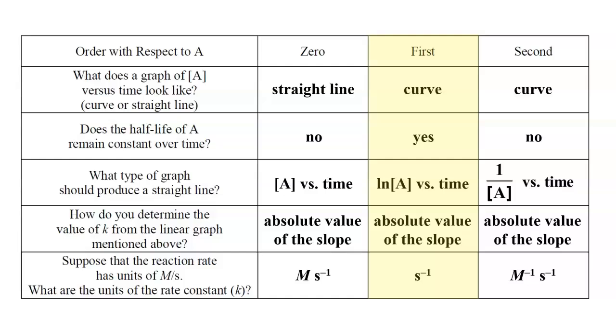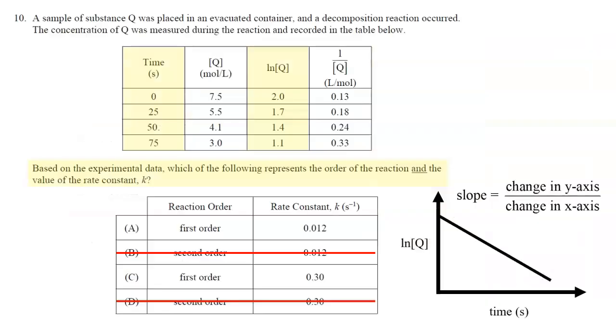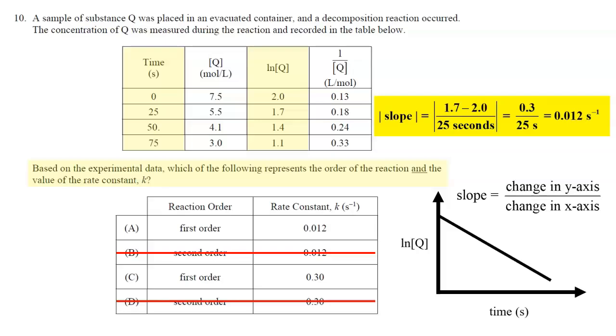Remember that the absolute value of the slope of that straight line will give us the magnitude of the rate constant k. The slope is the change in the y-axis divided by the change in the x-axis, and then take the absolute value. A difference of 1.7 and 2.0 is a difference of negative 0.3, but this is the absolute value.